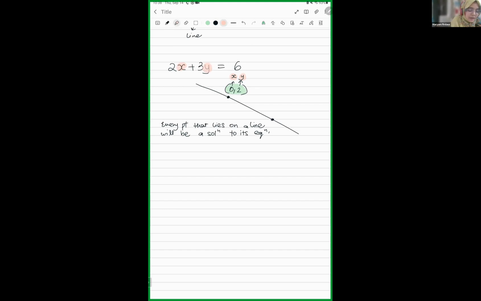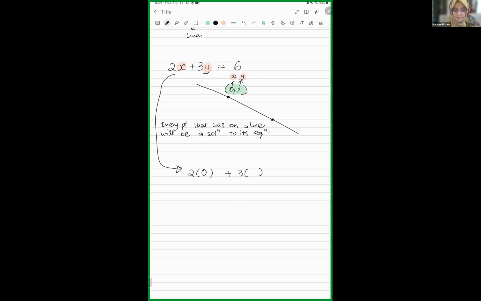When you put it in the equation, what happens? In place of x, you put 0. And in place of y, what do you put? Why 3? What y coordinate do we have?